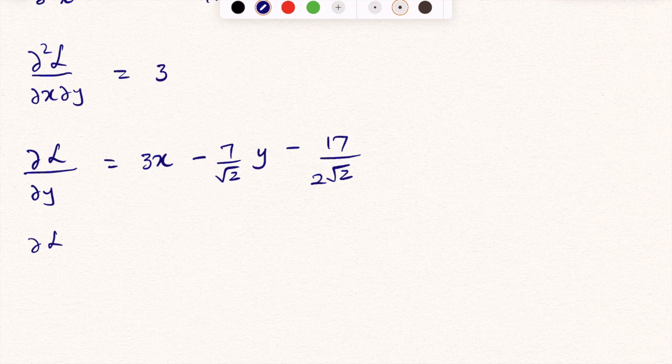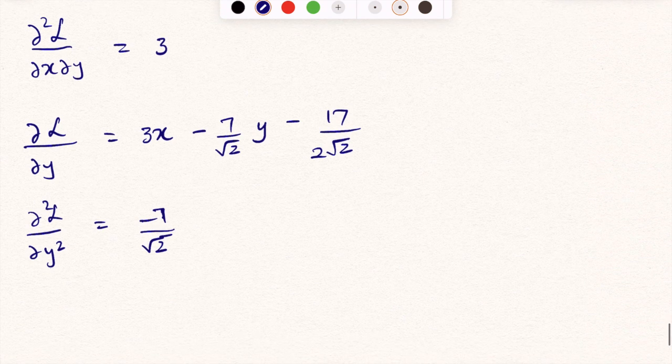The second order derivative with respect to y is just minus 7 over √2, which again simplifies to minus 4.950.